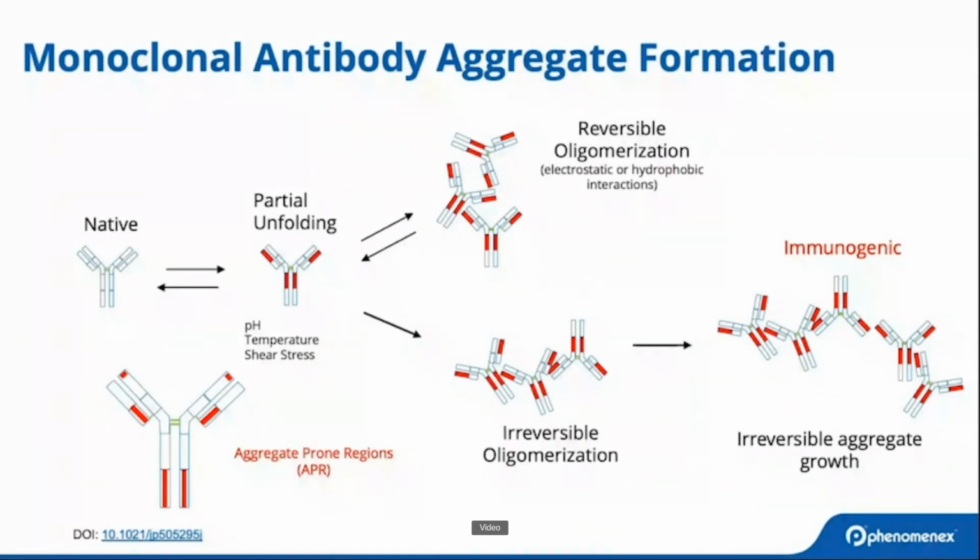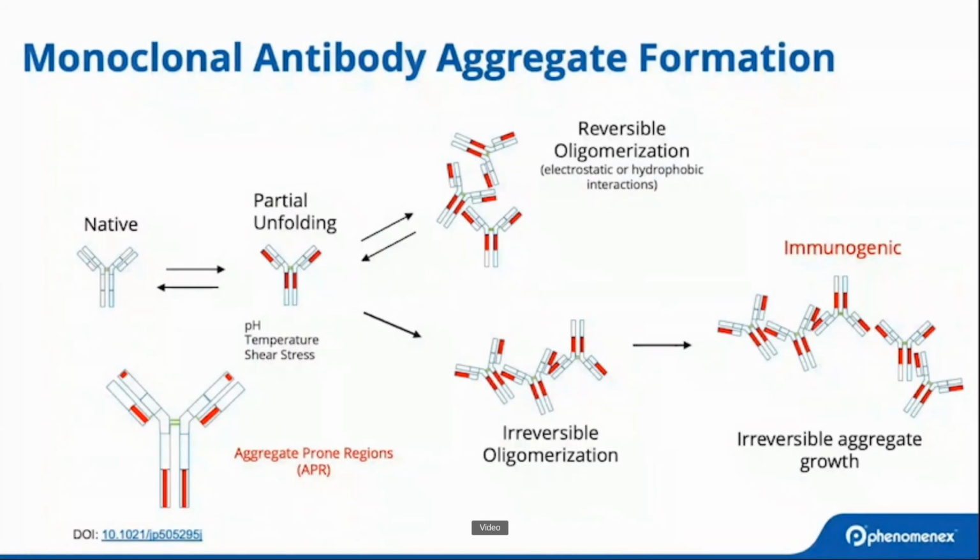External factors like changes in pH, temperature, and mechanical stress can lead to this unfolding or partial unfolding of the protein. In some instances, this can lead to oligomerization. This oligomerization can be reversible, and you can end up back with your antibody in the native state.